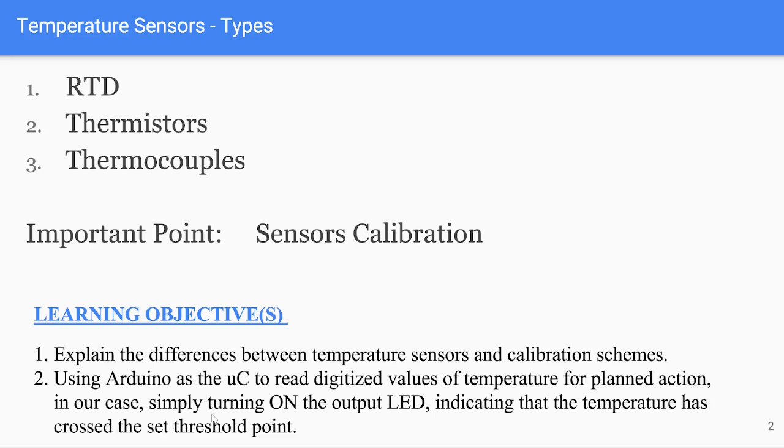In our case, we are going to use Arduino to simply turn on an output LED indicating that the temperature has surpassed or crossed the set threshold point. In this way, we will use a simple circuitry in order to achieve our learning objectives. Okay, so let's move on.